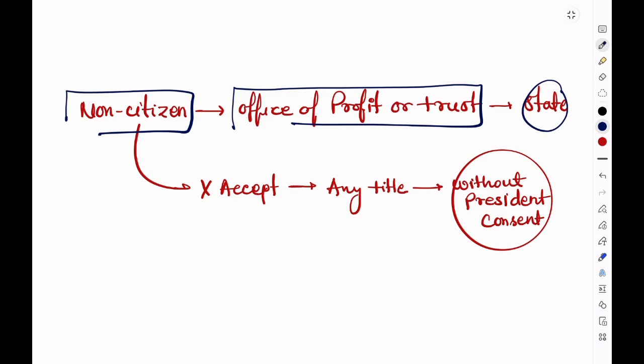Prior permission is required. A prior permission. The President's approval is mandatory, and you require prior permission to accept or receive any foreign title from a foreign state.